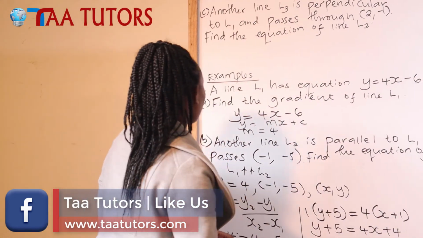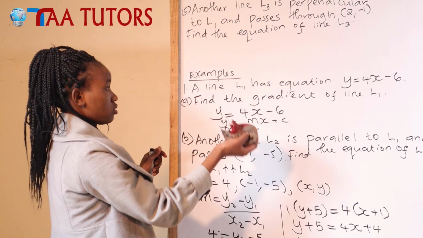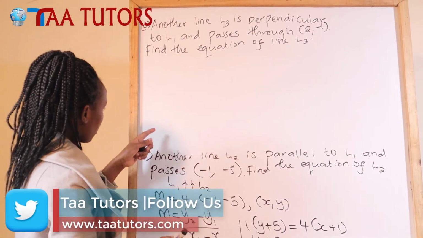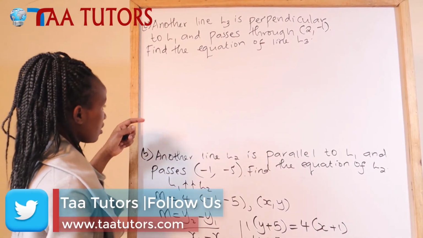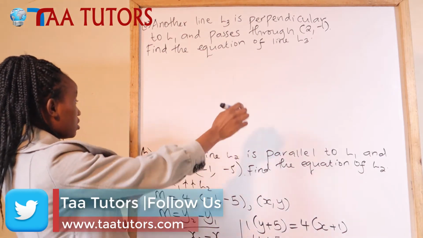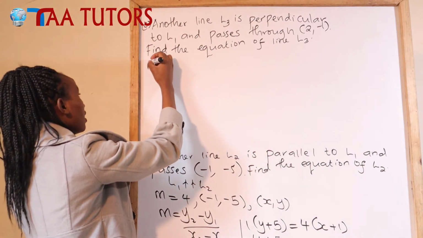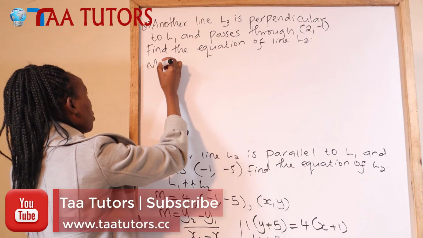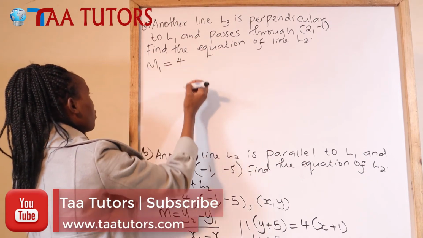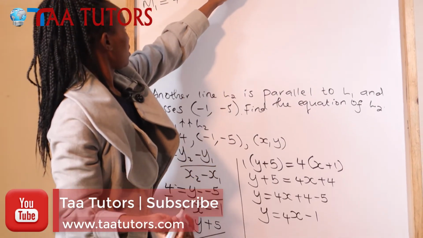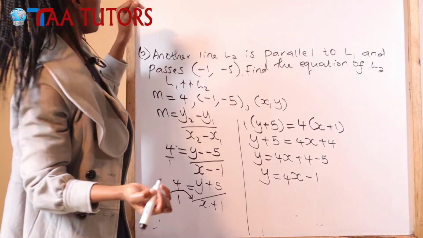So I can wrap up the first part of the question because you already have it. The gradient of line L1 was 4. So M1 was equal to 4. Now we have been told L3 is perpendicular to L1.